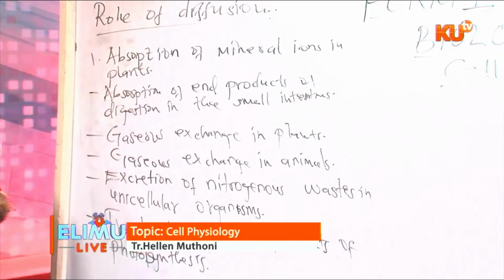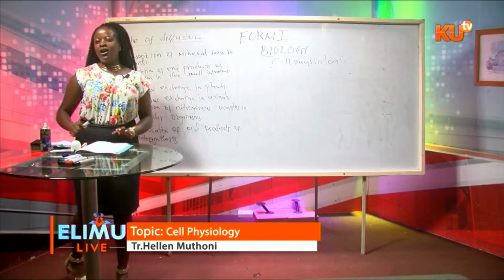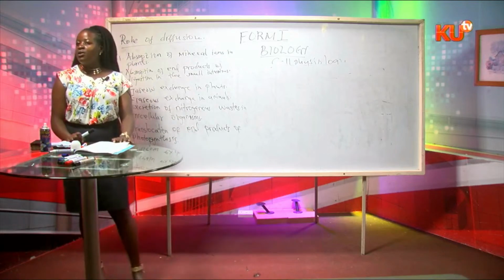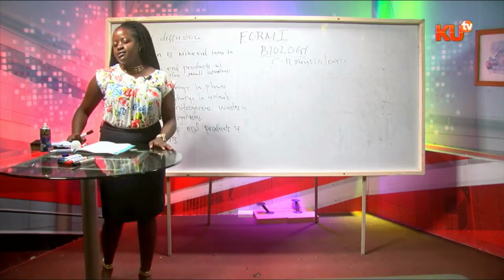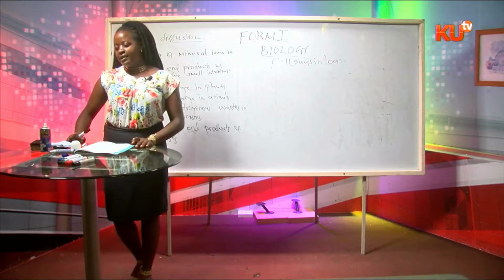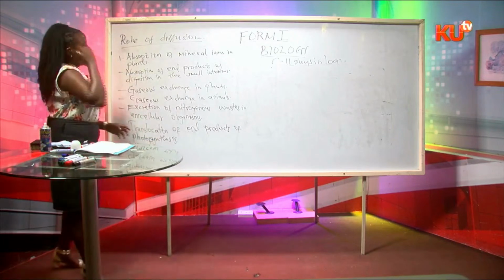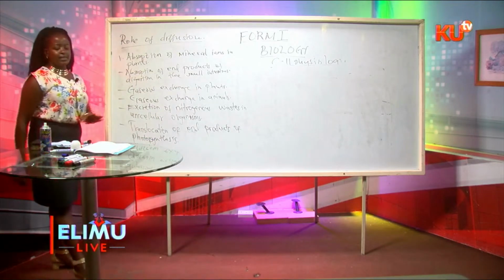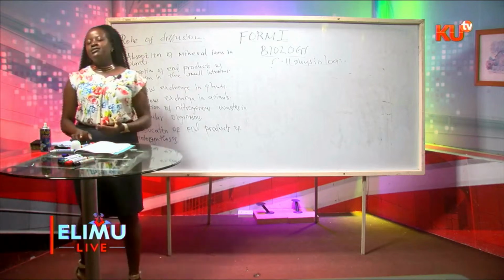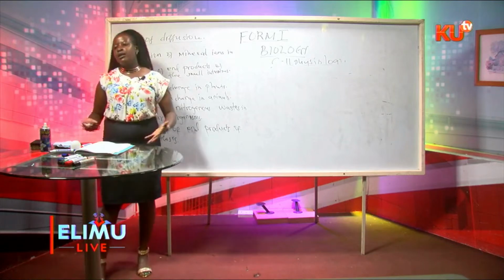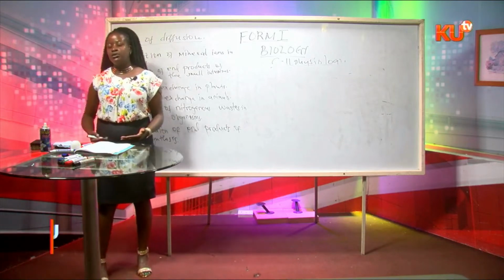These are the main importances or the major roles of diffusion in living organisms. This diffusion process assists both plants and animals. For example, it helps in absorption of mineral ions in plants. Now, mineral ions are found in the soil solution. Soil water is called soil solution.